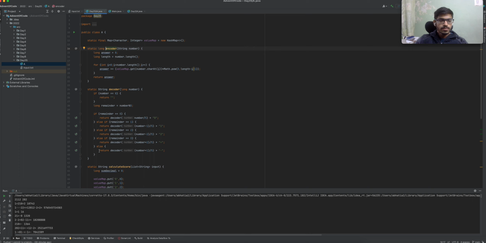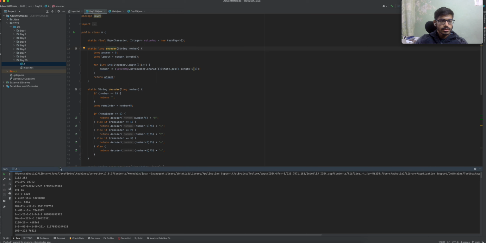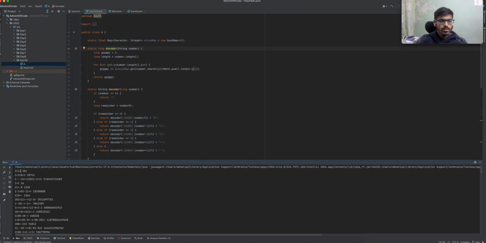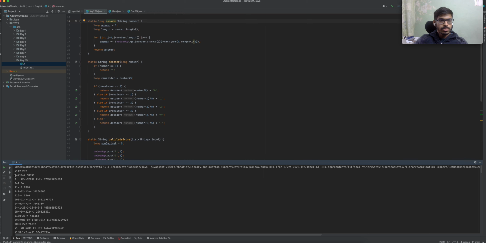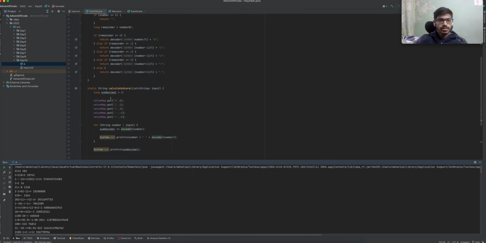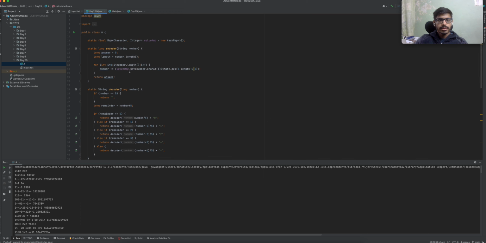so let's say this number is 2112, right? So we have this values map which tells us what is the value for 2, 1, minus and equal to. As you can see, for 0 it is 0, for minus 1 it is minus 1, for equal to it is minus 2. So we will get the value from this map, multiply it by the power of 5 based on the digits.